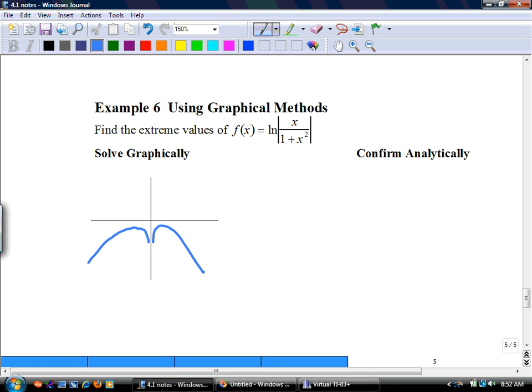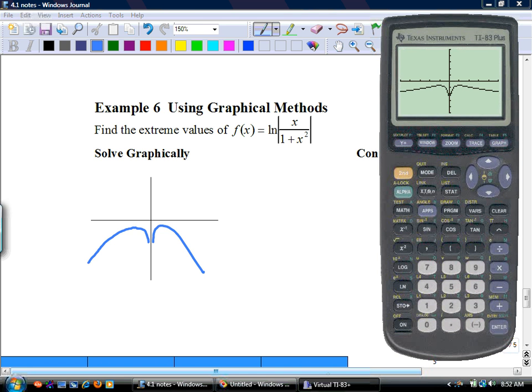Okay, so solve graphically. So what we need to do is to find, it looks like we've got some absolute maximums there and an absolute minimum. So we're going to go second, trace, max. Someone should notice that this function's symmetrical, isn't it? So if you know the one on the left, you probably know the one on the right.